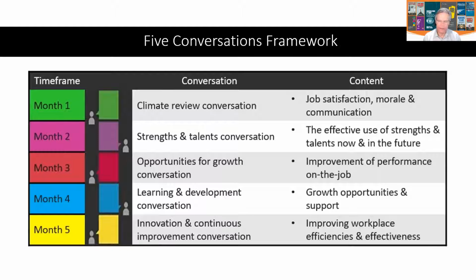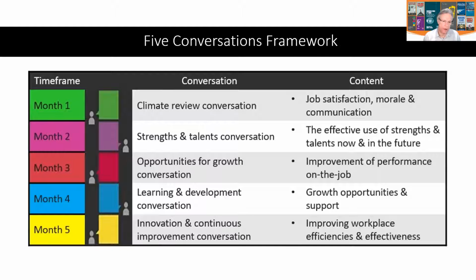So you might say to me, well, what happens when we get to the end of the 5 conversations? What's conversation 6? Well, conversation 6 is you go back to the beginning again. So it just cycles through, because you can then talk to them, and they might say to you, well, I rated my job satisfaction as 6 last time, and now it's a 7. Well, obviously that's a useful conversation to have, or it's gone from a 6 to a 3.